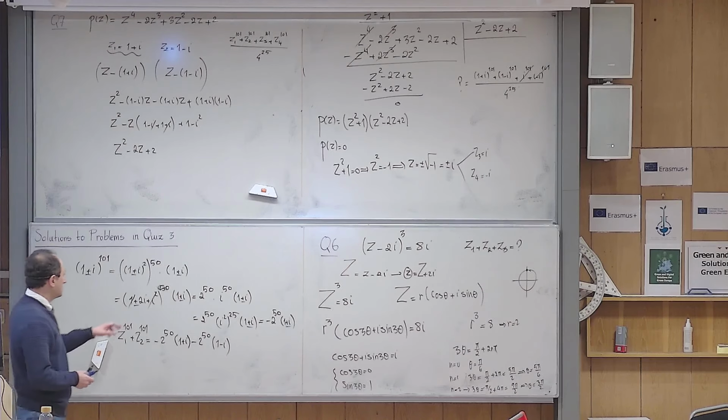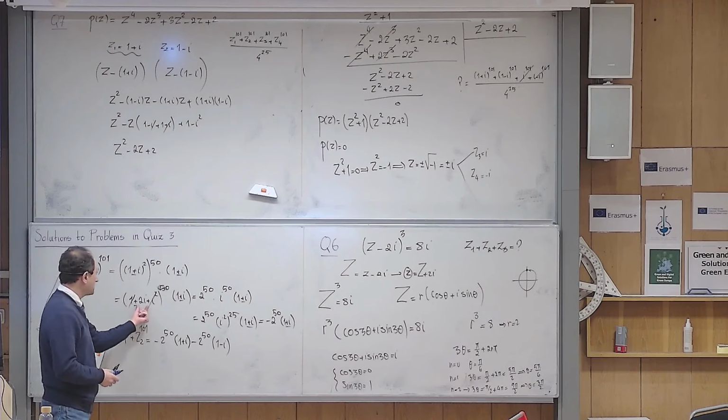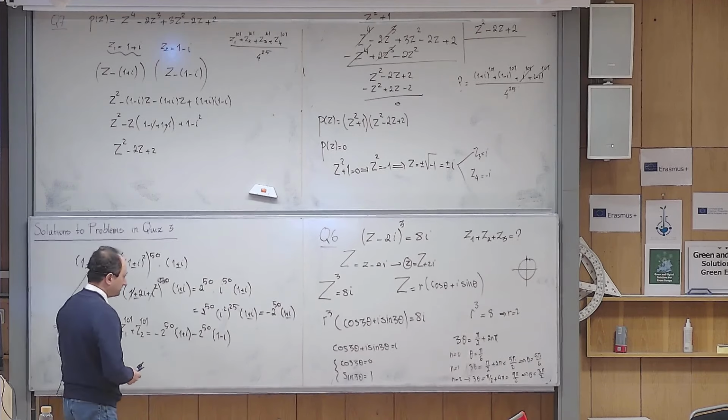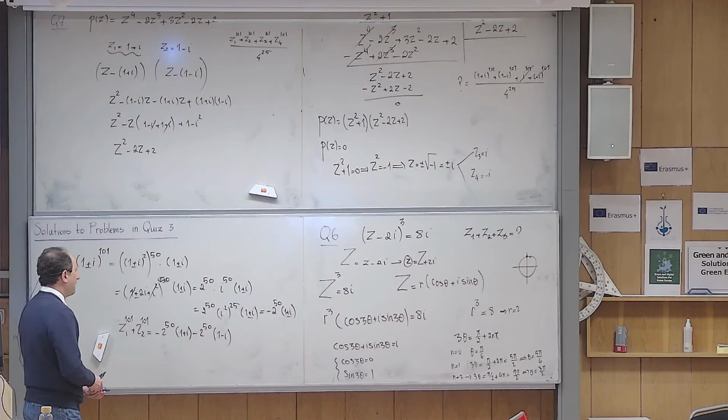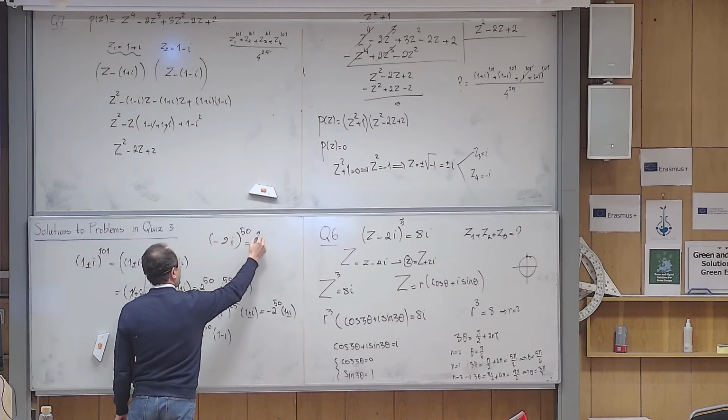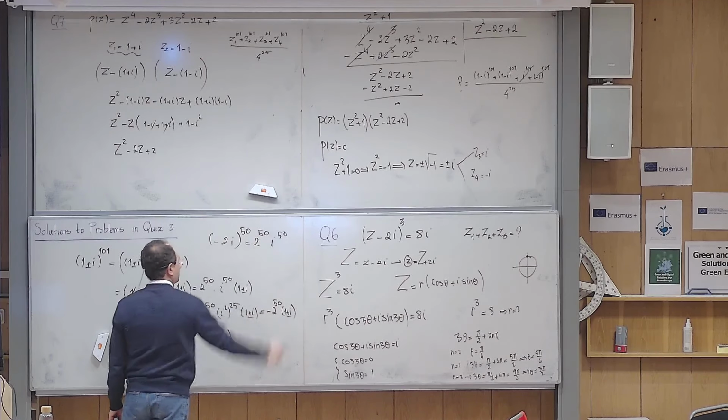No, minus is gone, because the whole expression is power 50. No, because it becomes minus 2 to power 50 and then minus i to power 50, right? No. Minus 2i to power 50 becomes 2 to power 50 i to power 50.